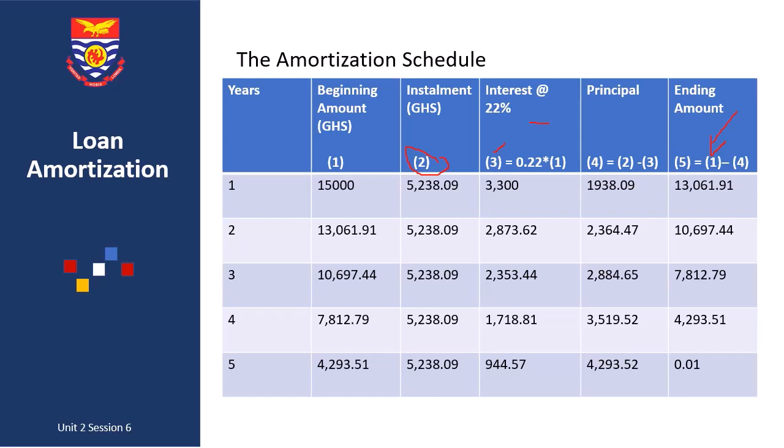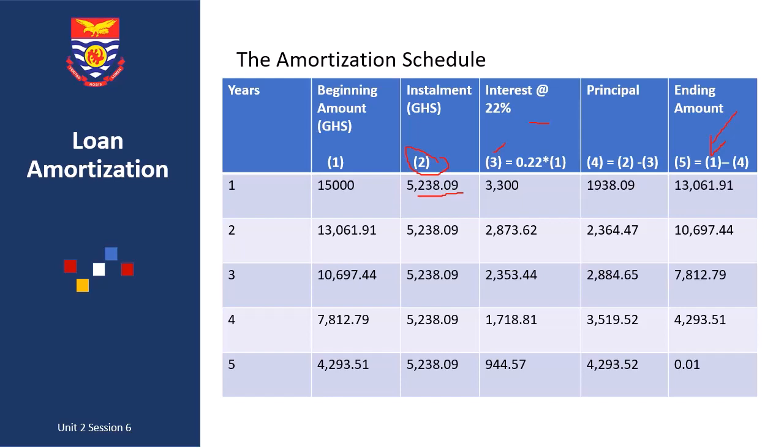So if you want to find the principal, as I said, the principal is what? 2 minus 3. So 2 is the installment figure. So this figure minus the interest on the loan. So the interest on the loan, you less from it, then you get your principal amount.